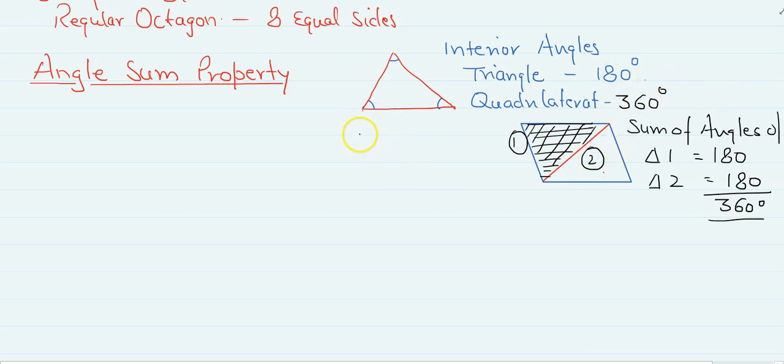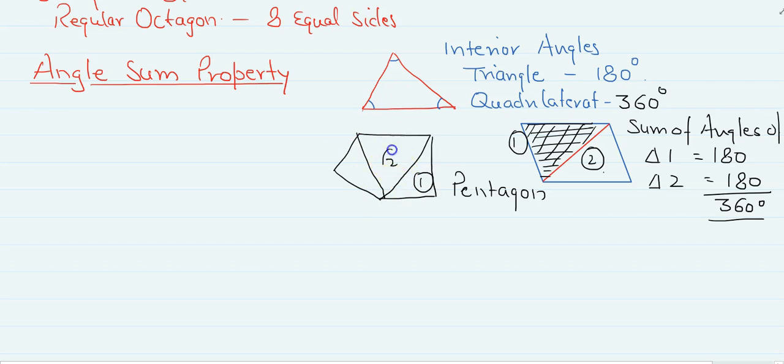Now if a figure is 5-sided, this is called a pentagon. In the pentagon we have one triangle, two triangles, and this is the third triangle.